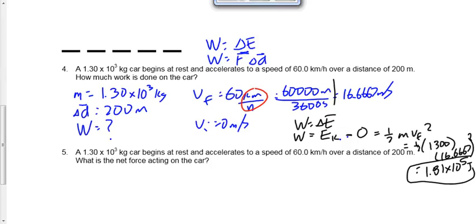In question number 4, we start off with a car at rest that accelerates to a certain speed over a certain distance. Question number 5 starts off with a car at rest that accelerates to the same speed over the same distance. In fact, it's the same car. Just in question number 4, we're looking for the work done, and in question number 5, we're looking for the net force that acts on the car.